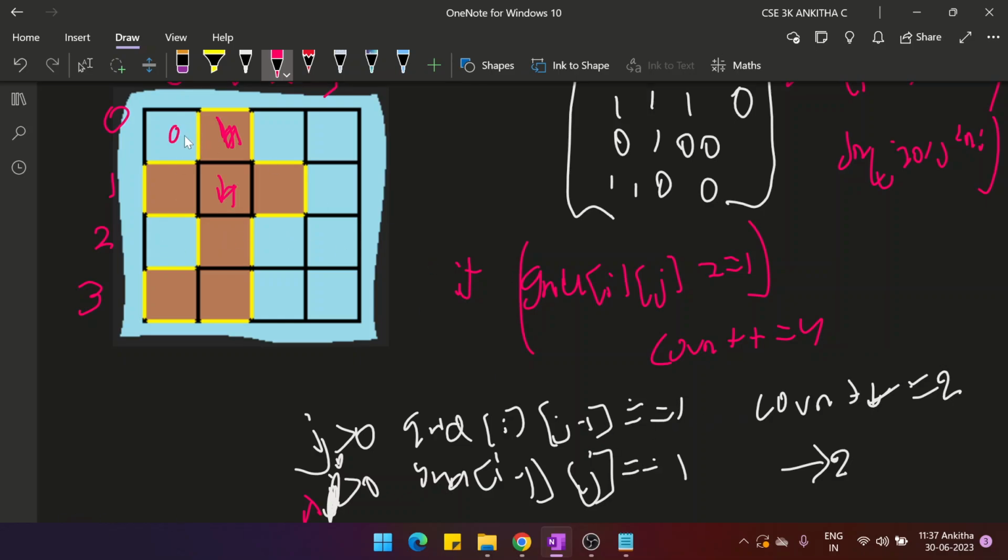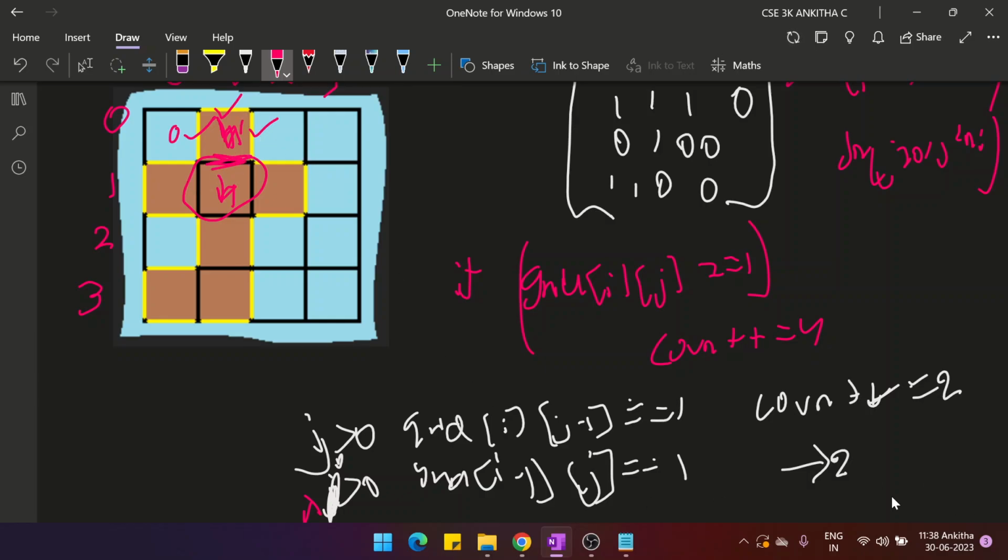So this parameter is considered, and this parameter is considered. But when you come to this column, you can see the row above this, i minus 1, is equal to 1, and i is greater than 0, of course. So this sharing we have to subtract.